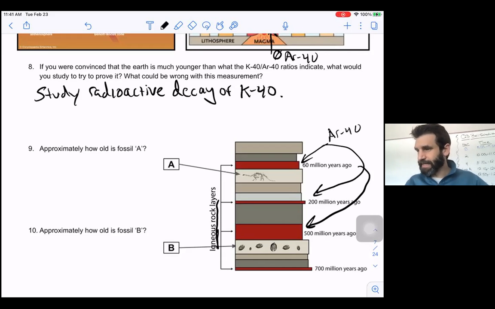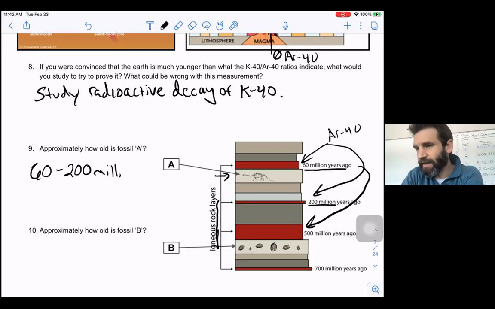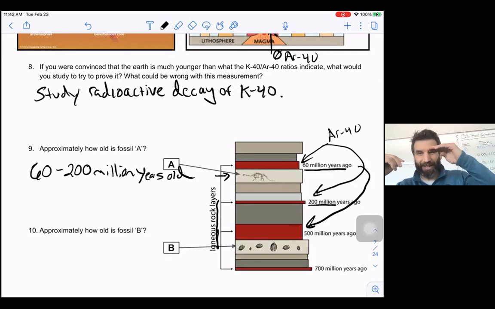And so if a scientist aged this rock and found it to be 60 million years old based on the amount of argon, and this rock here was estimated to be 200 million years old, then this fossil has to be between 60 and 200 million years old.